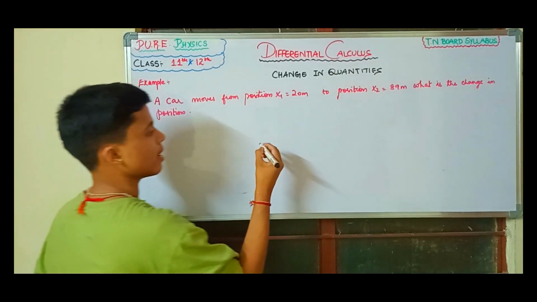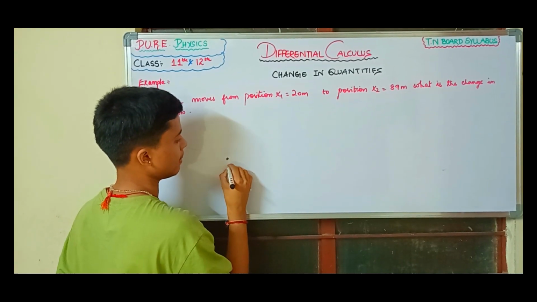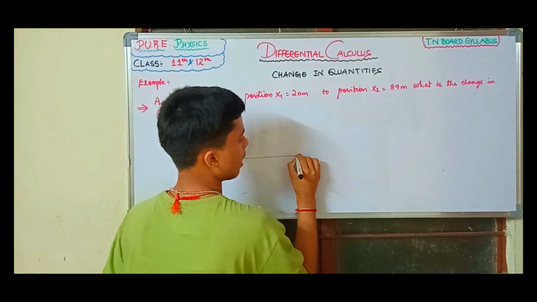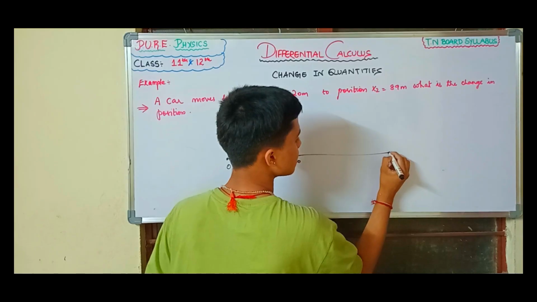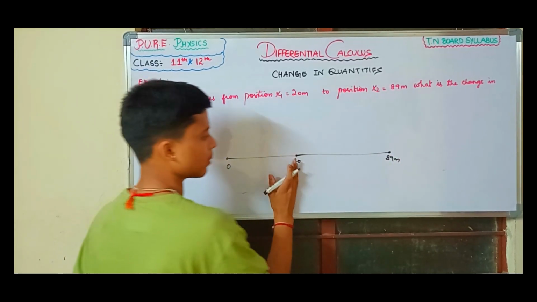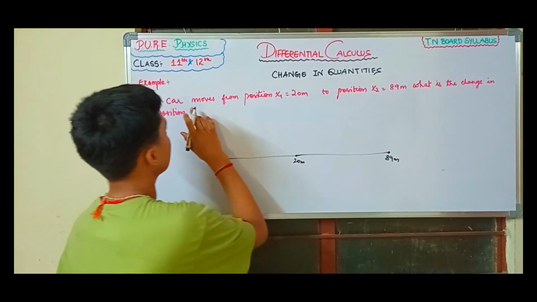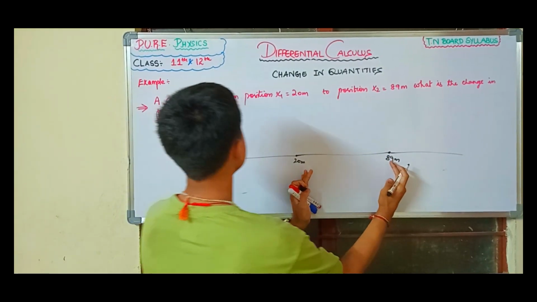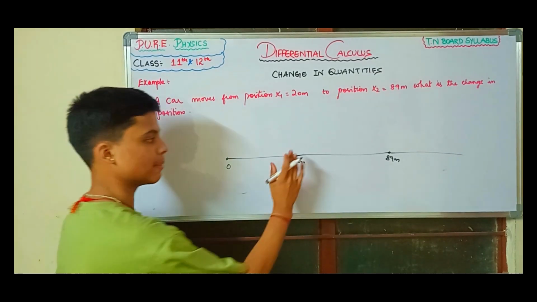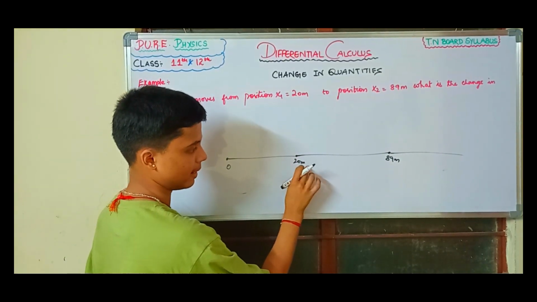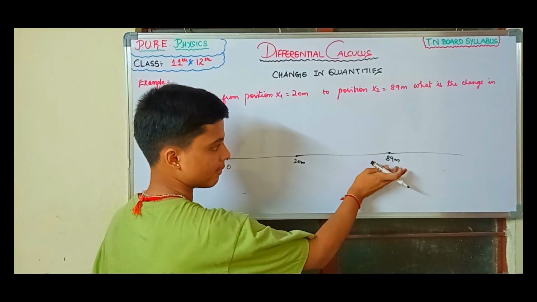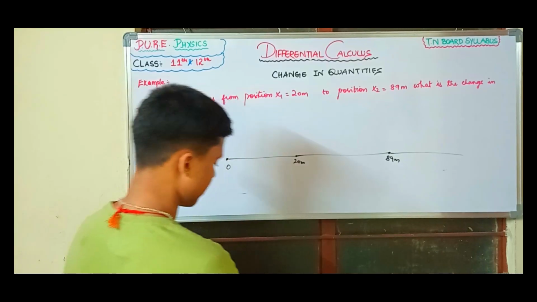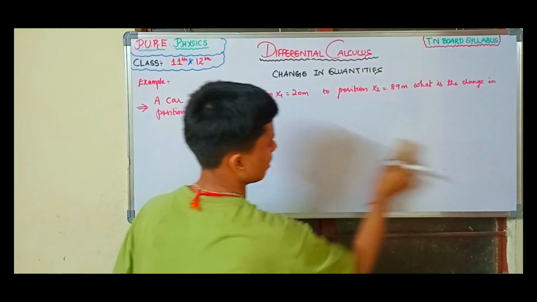Let me take this as origin. And this is my 20 meter, and from this 20 meter, the car moves to 89 meter. So what is the change in its position? At some point of time, the car is at 20 meter. From 20 meter, within a time interval, it is moving to a point at a distance of 89 meter. So how do you find the change in position?